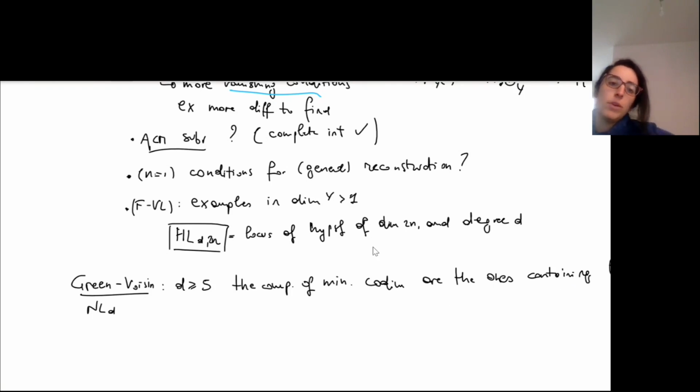So the aim of this work and other works is to extend this result of Green to the Hodge locus. So is it true that the minimal codimension components are the ones containing linear subvarieties?